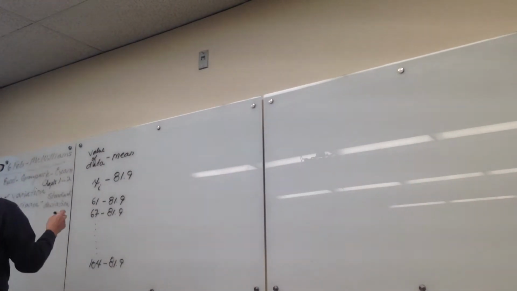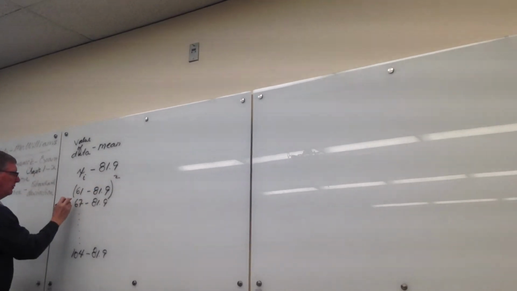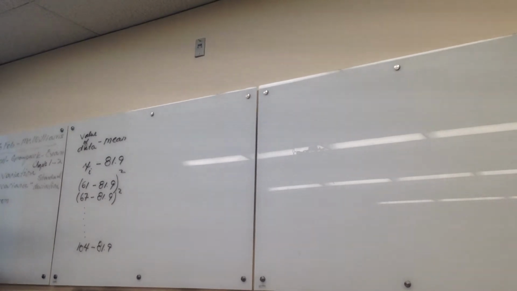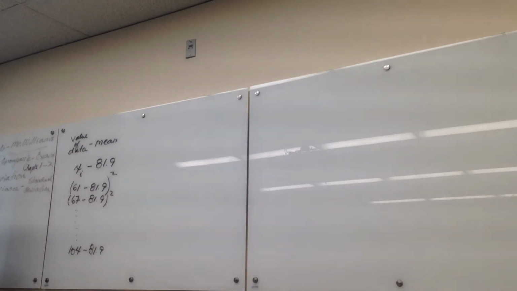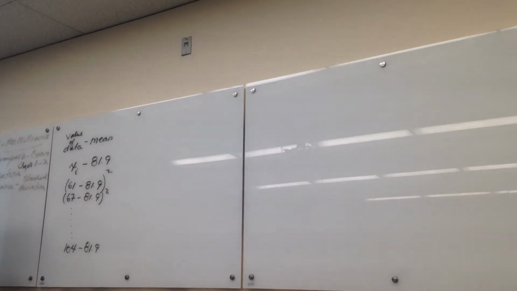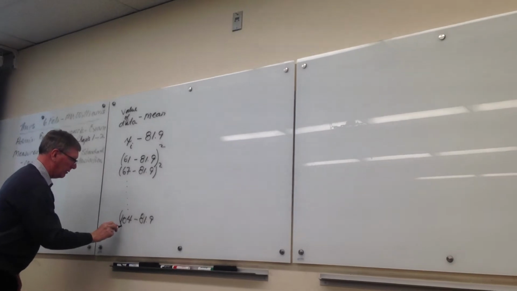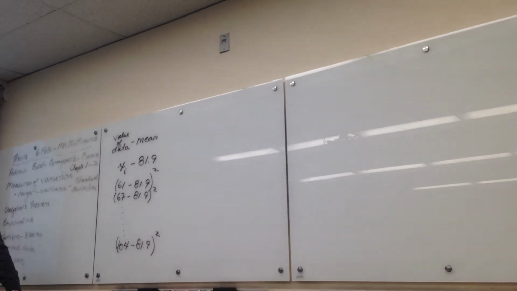So we use the same trick here. We square everything. And so we say, essentially, the square of everything on the left side has got to equal the square of everything on the right side, but they're all now contributing to this description of how varied the data is. So we square them all. And then we add them all up.